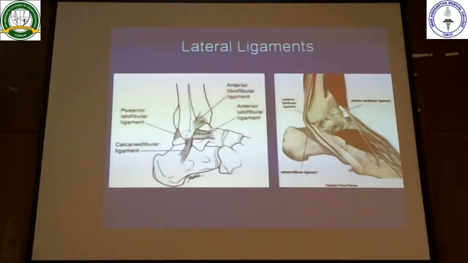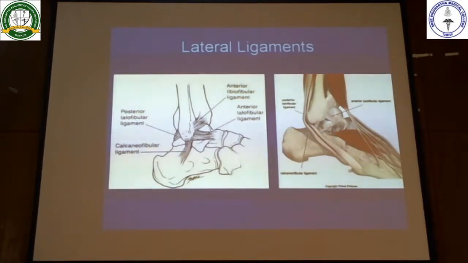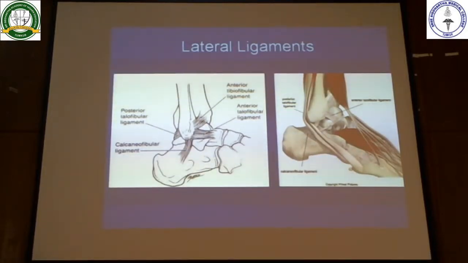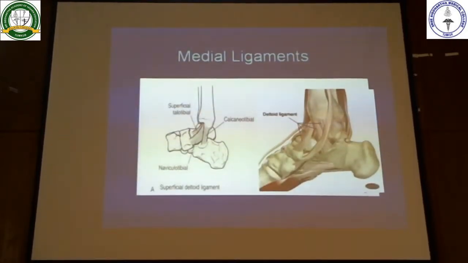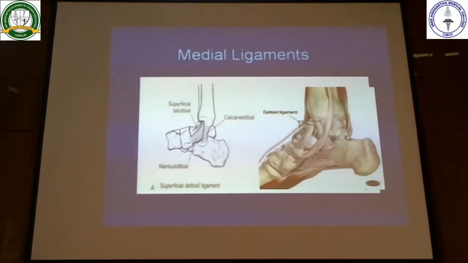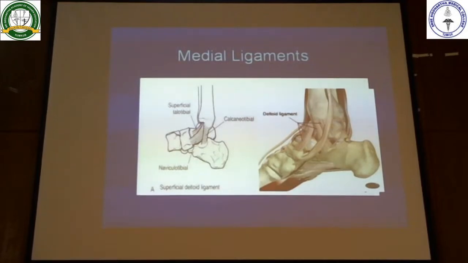So here you can see the anatomy. You have the posterior talofibular ligament, the calcaneofibular ligament, anterior tibiofibular ligament, anterior talofibular ligament. These are again the important ligaments, and of course the deltoid ligament. It's quite common to injure the ligaments around the ankle joint.